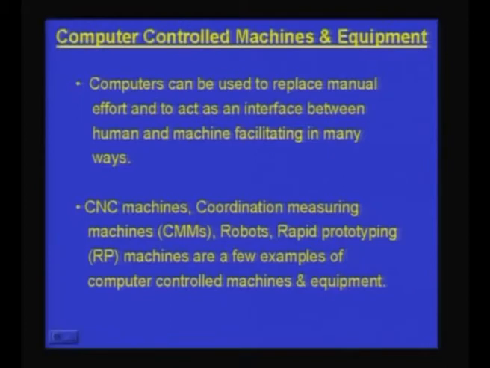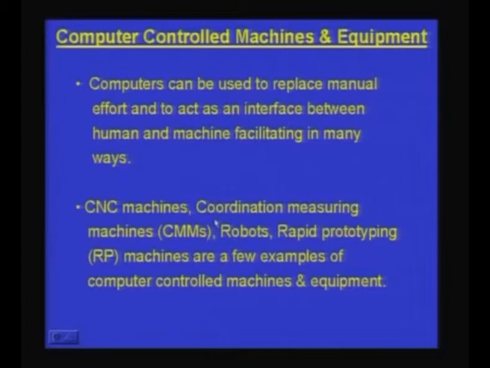And of course, one of the major applications of computers in manufacturing is that a lot of manufacturing machines and equipment are computer controlled, where computers are used to replace a manual effort in some way or the other, which facilitates in many ways.